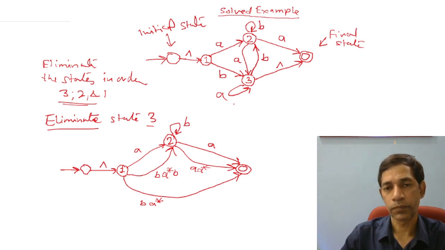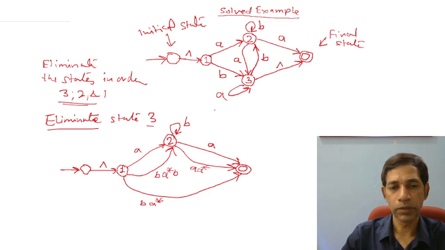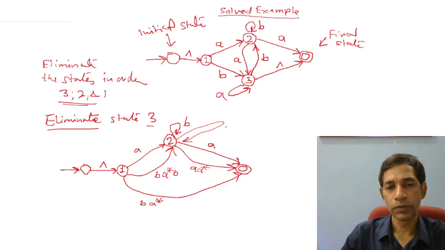So this is one thing. The other possibility is that you are coming from the state 2 to the state 3 for the A, then you have the loop, and again you are coming back to the state 2. This means you will have a loop now. What is the label of this loop?